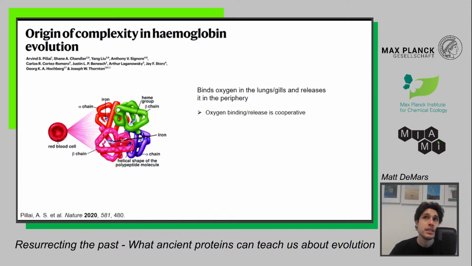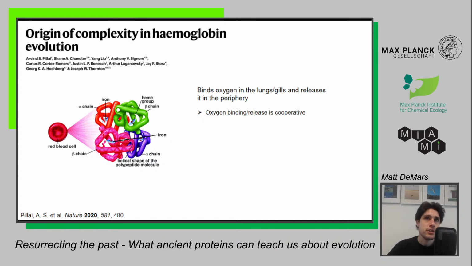And it's able to do this because oxygen binding and release is cooperative. So basically, it's a heterotetramer made up of 4 subunits, 2 alpha chains and 2 beta chains, and each of these chains is a homologous protein.